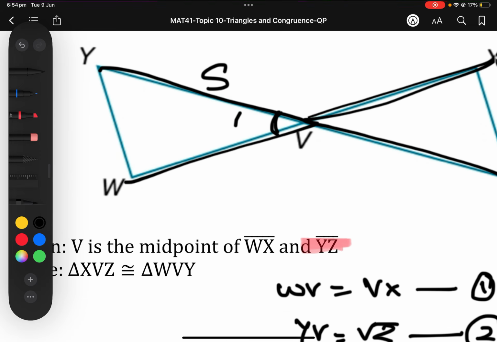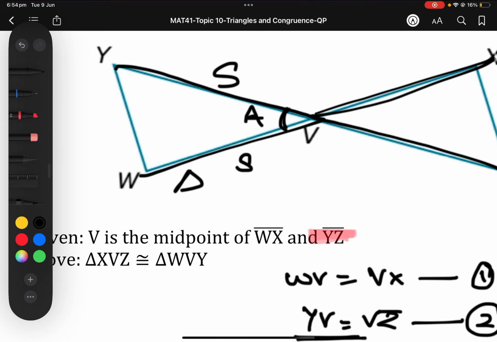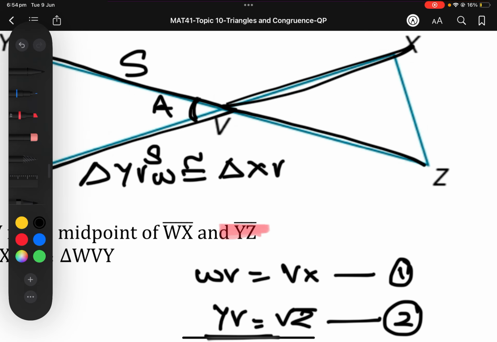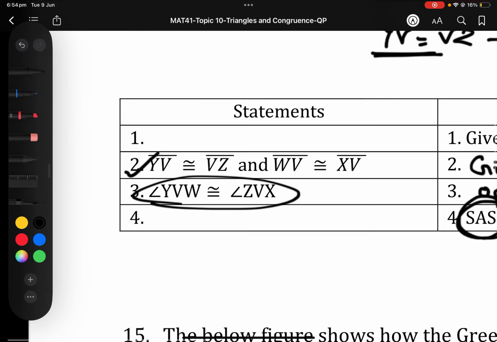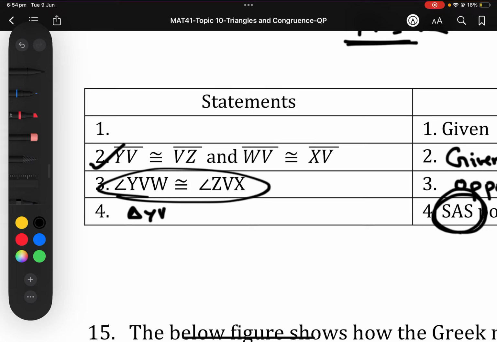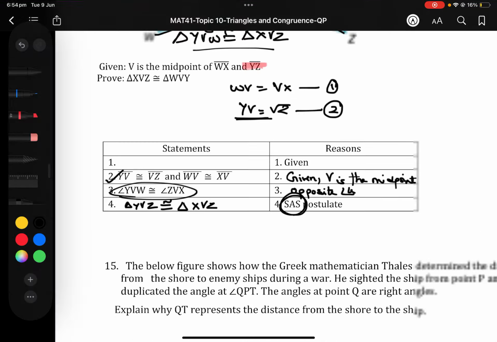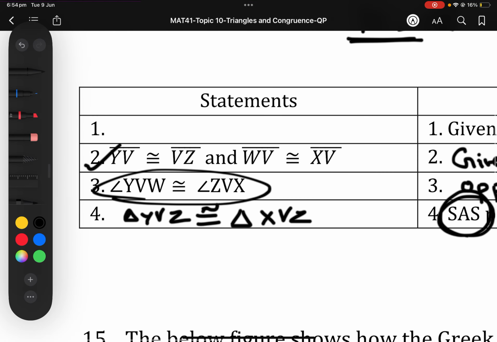So the SAS postulate shows that triangle YVW is congruent to triangle XVZ. Okay, so that's what I'm going to write here. Here it is a W, YVW, and here XVZ is there.